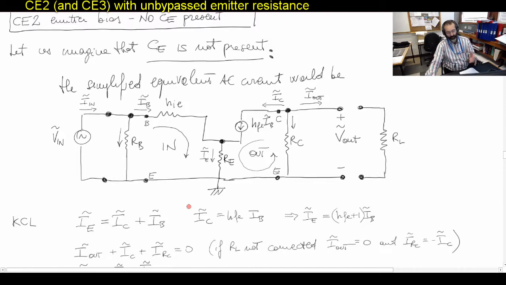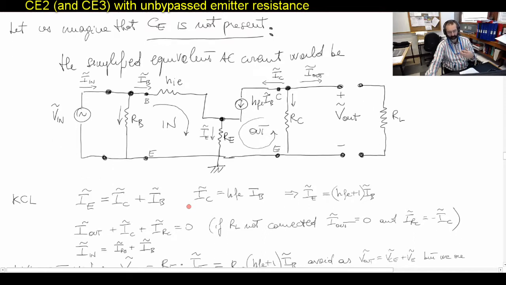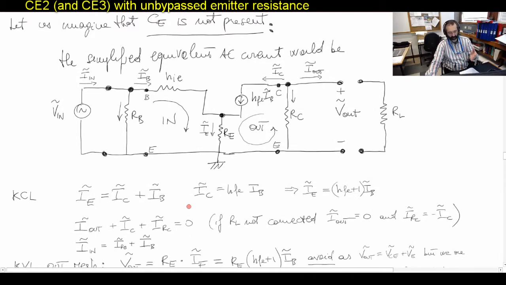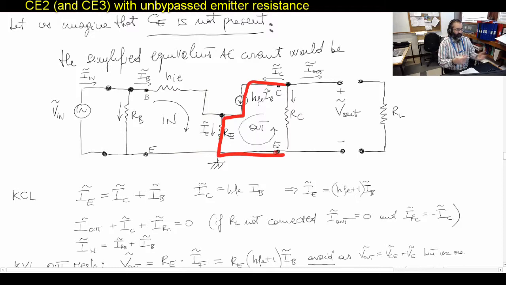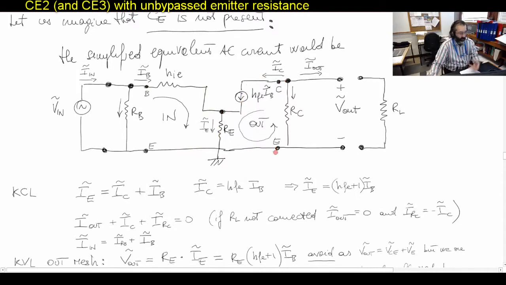You can just stop here if you want an in-depth look at the equations I'm using. There is nothing really complex. I'm using KCL, KVL. The input mesh is effectively this, the output mesh is this one. I'm applying KCL, KVL to these, and then just doing a lot of algebra.